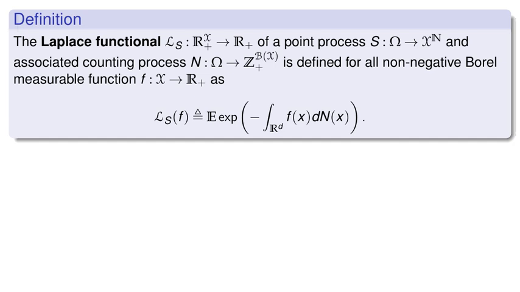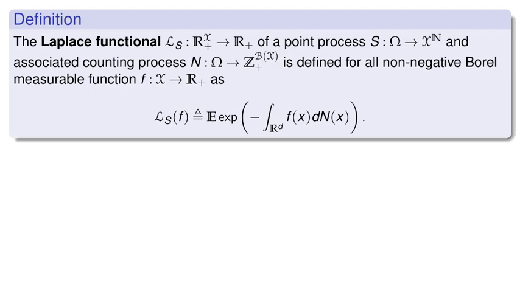Now let's define the Laplace functional. The Laplace functional, denoted script L sub S, maps from the space of non-negative functions on script X, R+ raised to script X, to the non-negative real numbers R+.